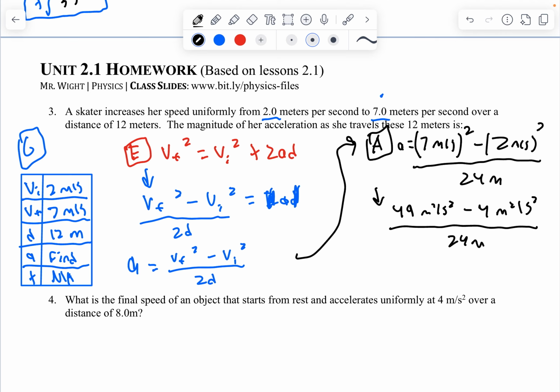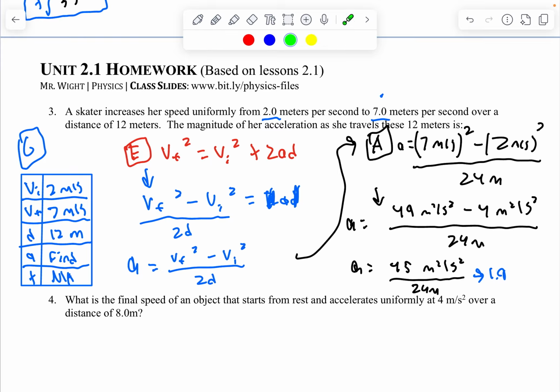And so the acceleration is 45 meters squared per second squared over 24 meters. What is 45 divided by 24? 45 divided by 24 is 1.9. And so that becomes 1.9. But then what's meters squared per second squared over meters?